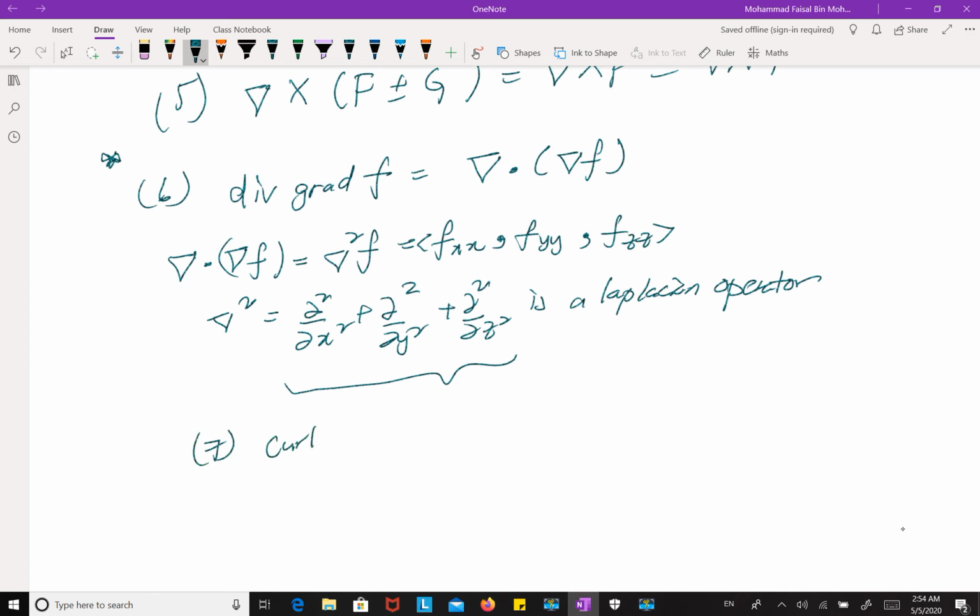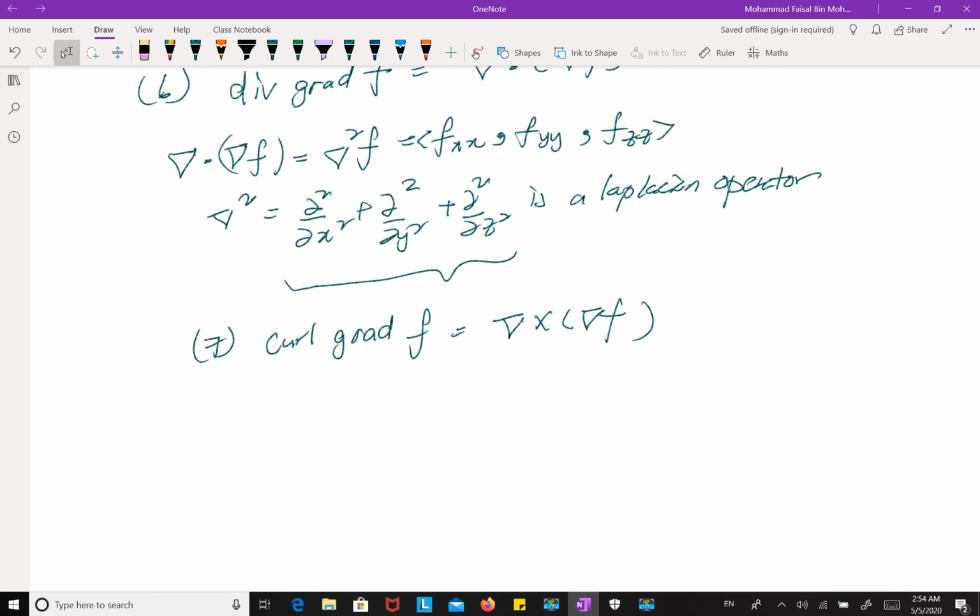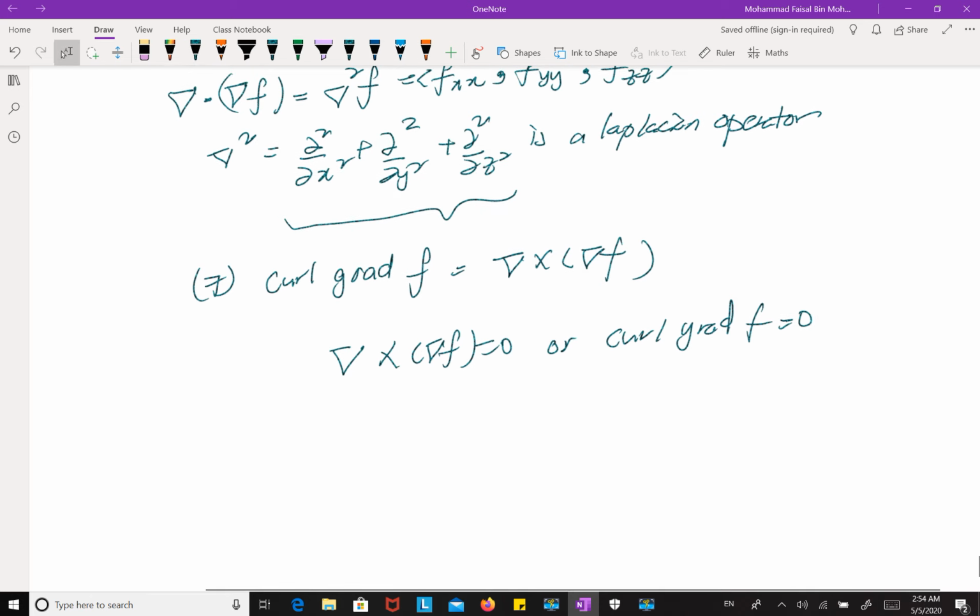Number 7, curl grad f equals del cross del f. So if del cross del f equals 0, or curl grad f equals 0, we can write it in either way, either in word form or in mathematical notation form.